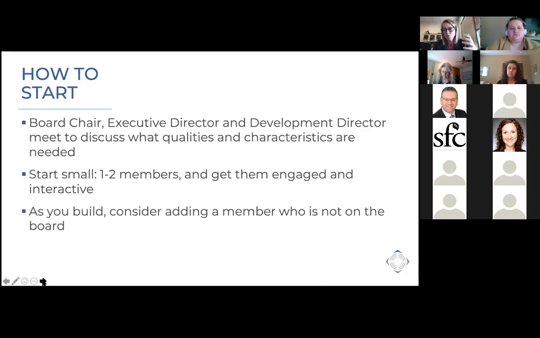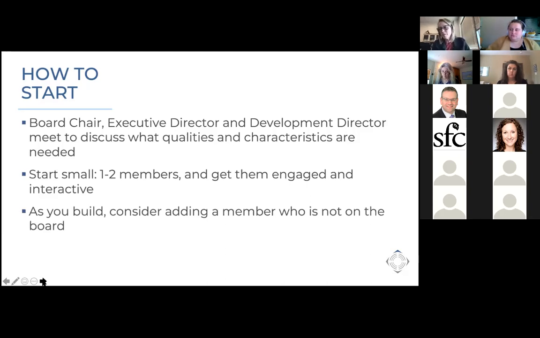And then as you build, consider adding somebody who's not on the board. Again, if this is something you can do per your bylaws and policies, I do think the development committee is a pretty good place. You can't do this with the governing committee, that doesn't work, right? That's not a good place for a non-board member.